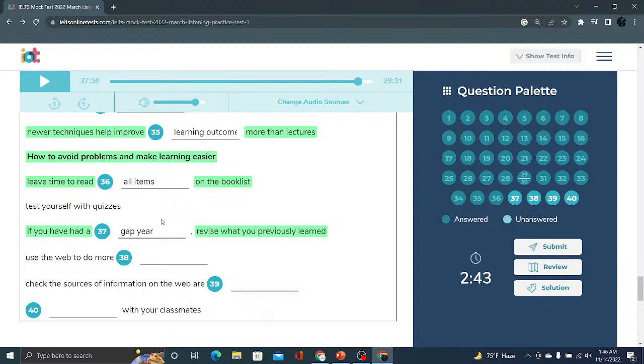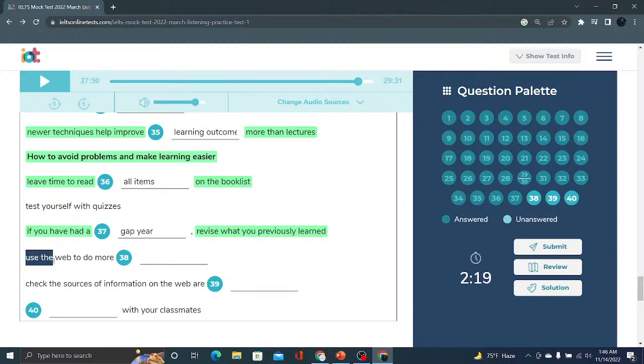If this is so, and even if it isn't, in fact, it always makes sense to go back and refresh your memory. So that means he is saying that revise what you previously learned. The answer would be gap year.